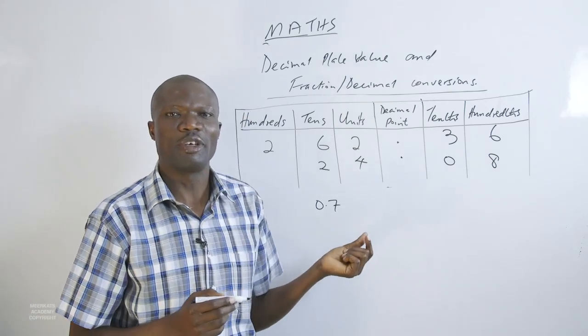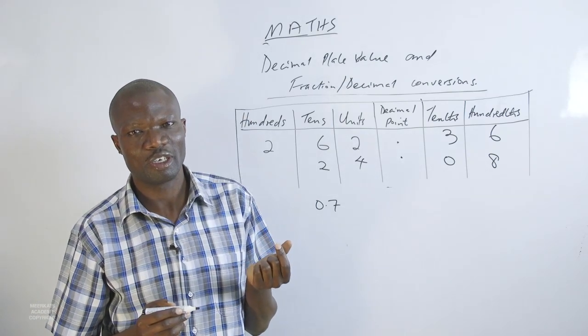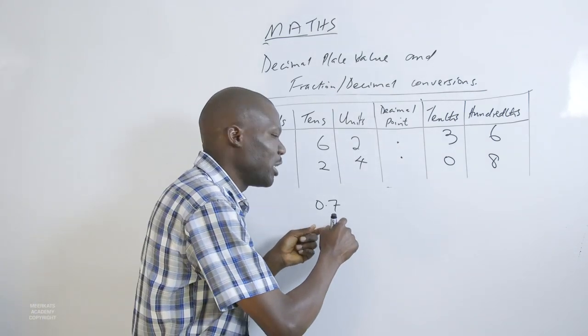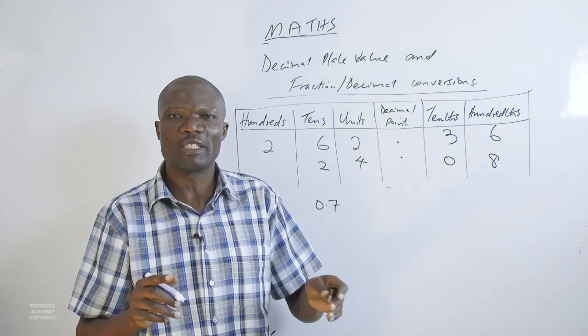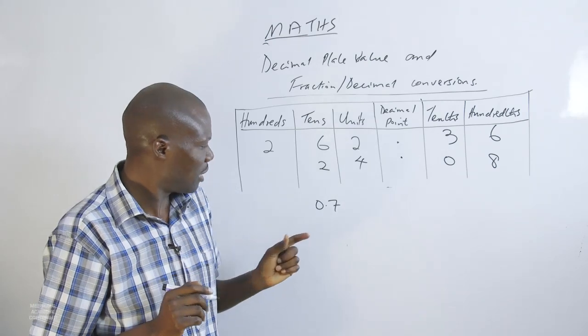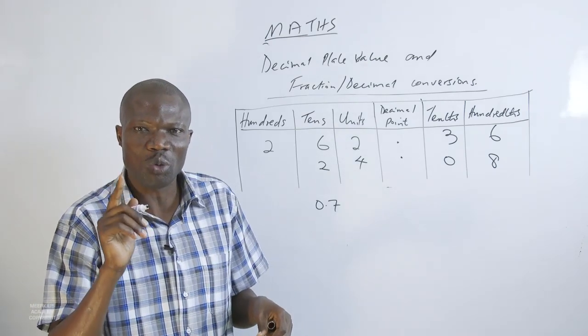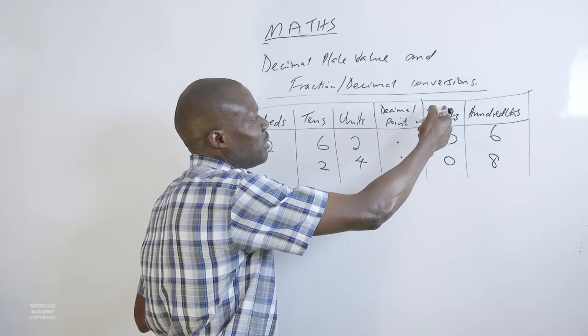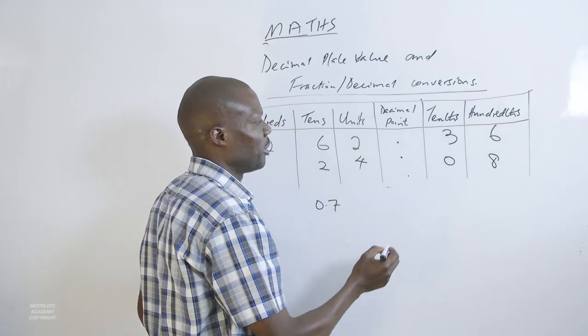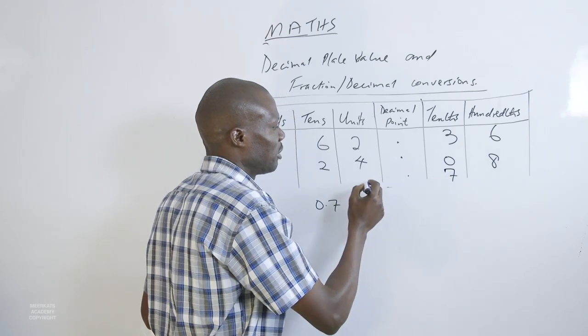Convert 0.7 into a fraction. So we are being told first how many decimal places have been used here. How many decimal places? And you find it is only 1. And on our place value table, this would be the point, and this one would be our 7, this one would be 0.